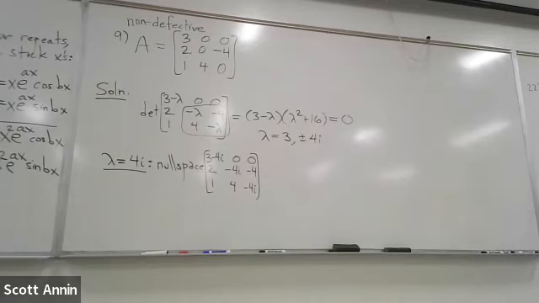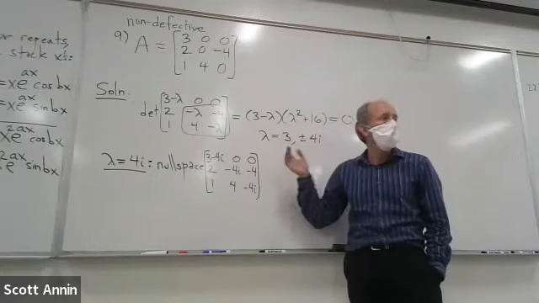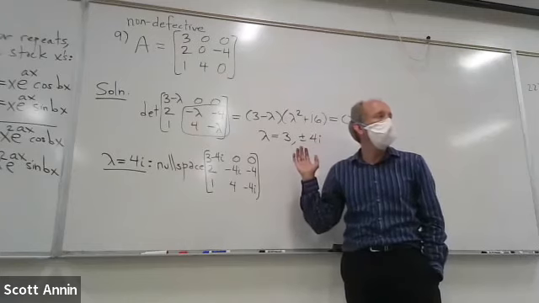What do we know about that matrix that we automatically for sure can do? Remember what's one of the things that whenever you write down these null space matrices for the eigenspaces, you can always do.